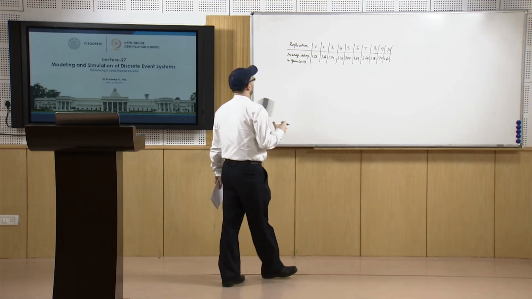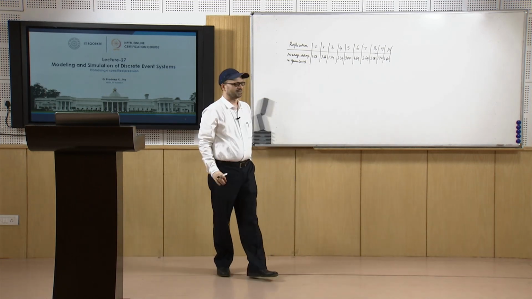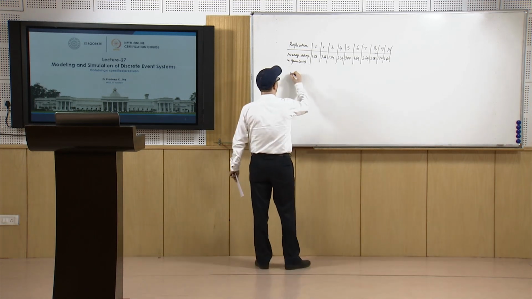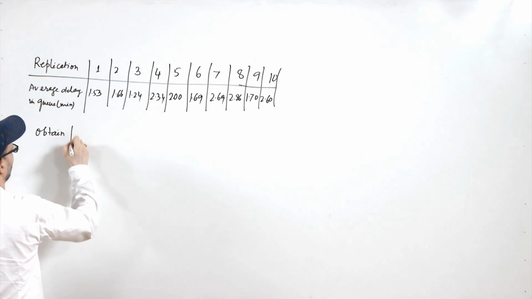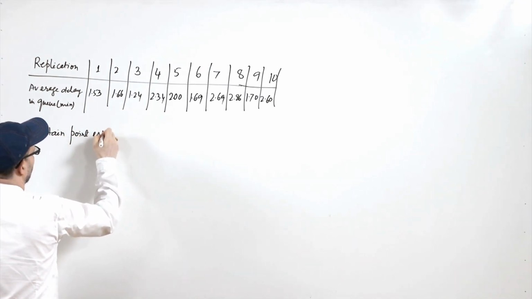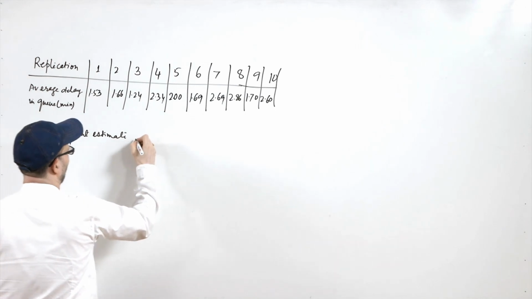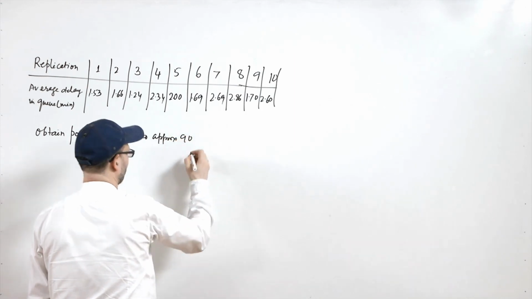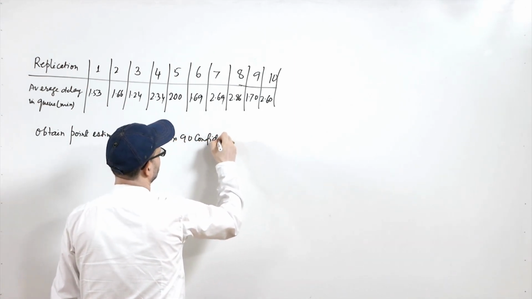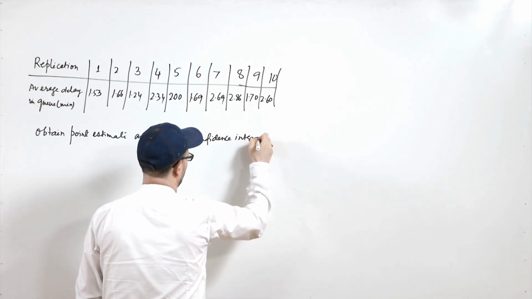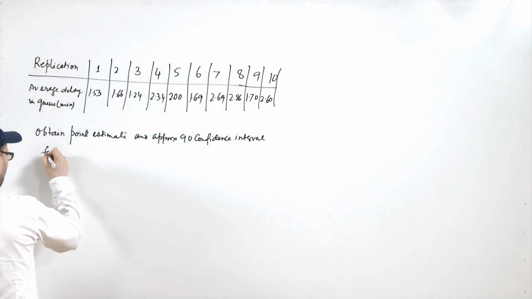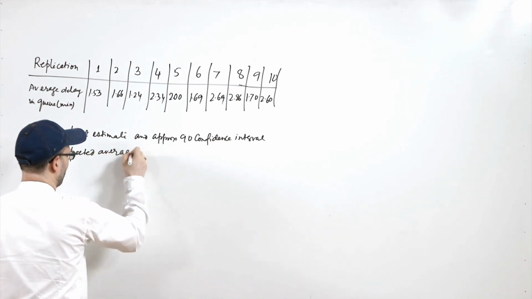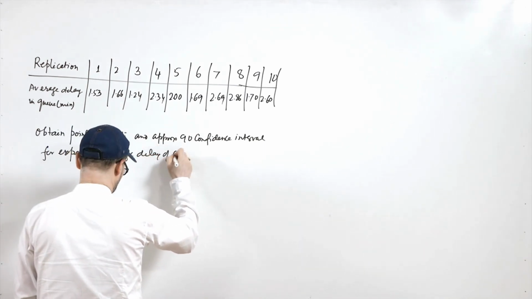So, we have to estimate the parameter. First of all, the parameter is the mean of this average delay value, and then we have to obtain the point estimate and an approximately 90% confidence interval for the expected average delay of a customer.